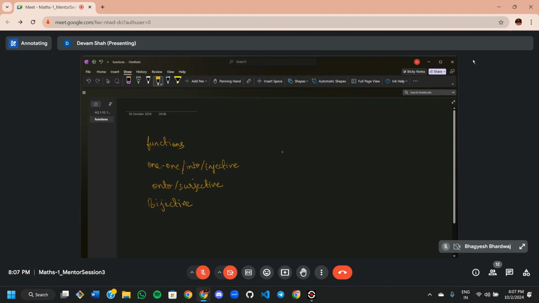Okay, first with functions. A function is a mapping of one set to another, with some constraints.